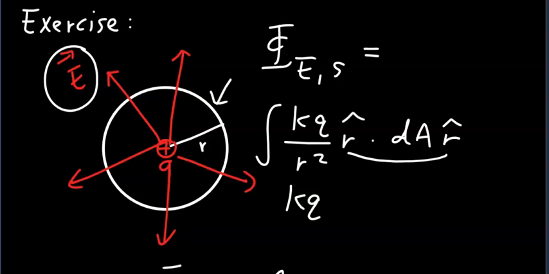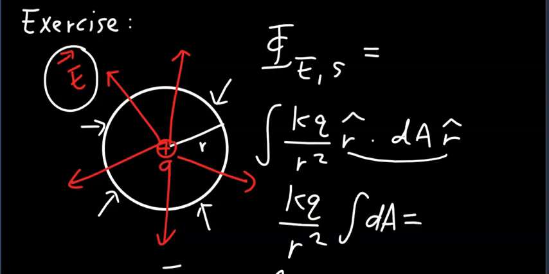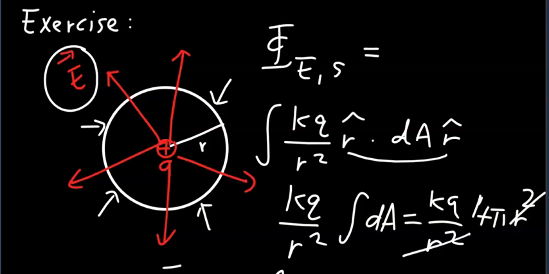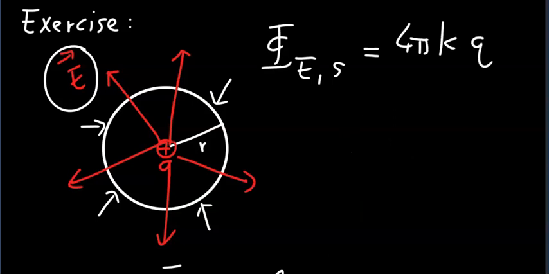Note the field at the surface of the sphere is constant, namely KQ over R squared. So integrating dA over this spherical surface, you get KQ over R squared times the area. The area of a sphere is 4 pi R squared. So R goes away, giving you 4 pi KQ. Now K is a constant which we introduced when we discussed Coulomb's law.